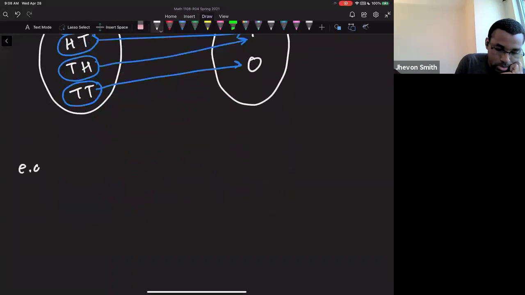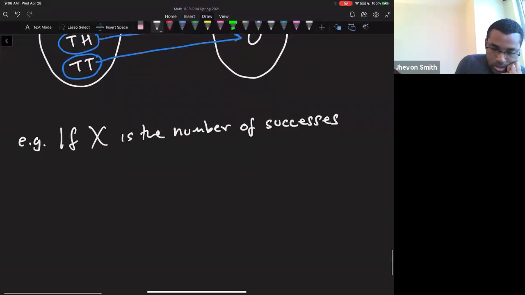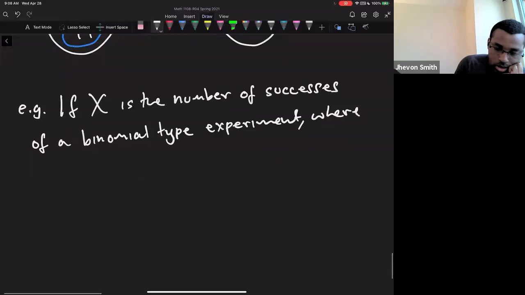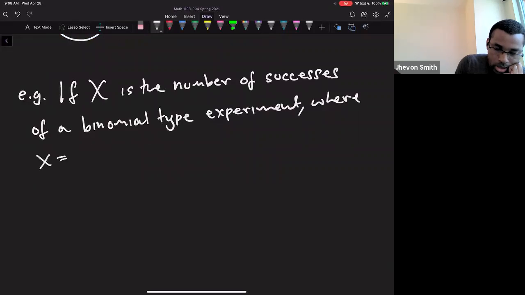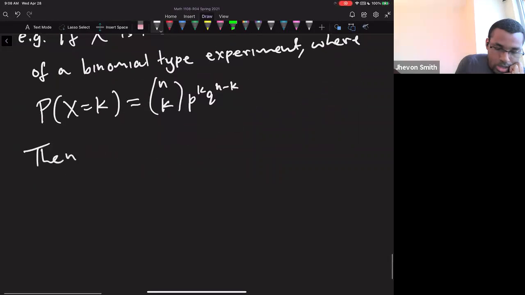So another example, if X is the number of successes of a binomial type experiment where the probability of X equals K is N choose K, P to the K, Q to the N minus K, then X is a binomial random variable.